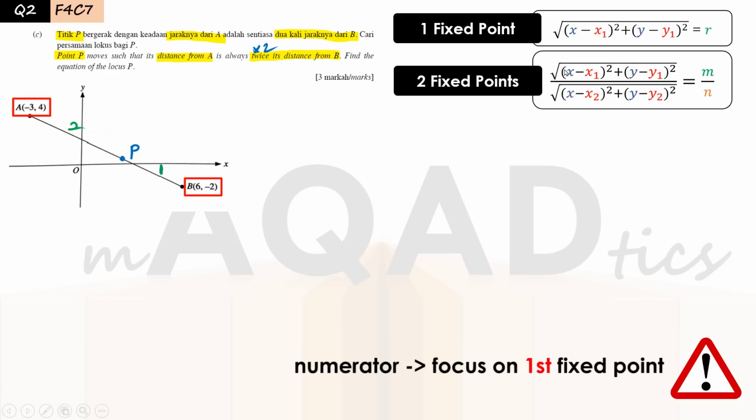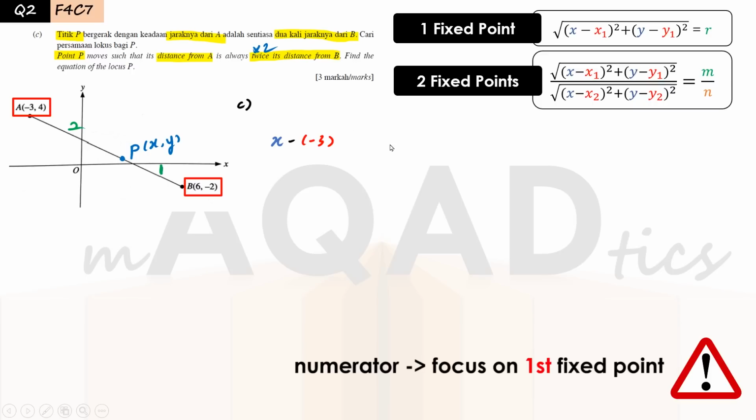So for example, the numerator part, we are going to find the distance of point P and the first fixed point. Alright, so to do so, we are going to find the differences between the two x coordinates first. Okay, but just to let you know, this point P, we don't have the coordinates yet, so this will be just x and y first. Okay, so to find the difference, it's just x minus 3.